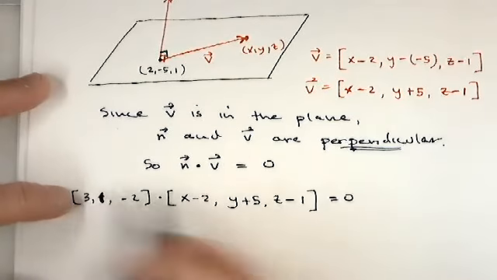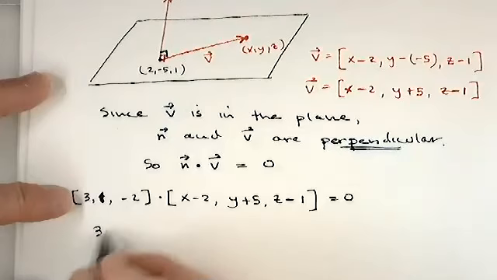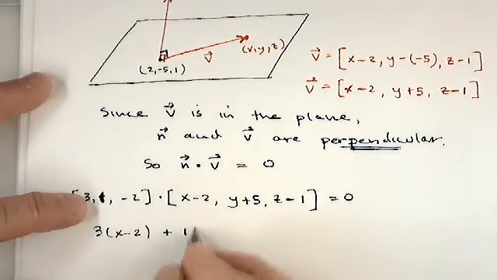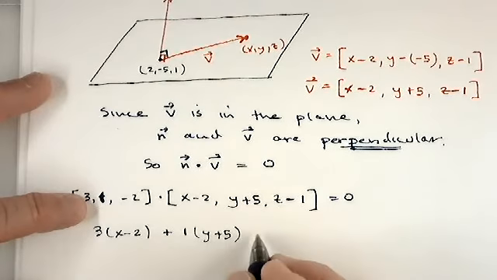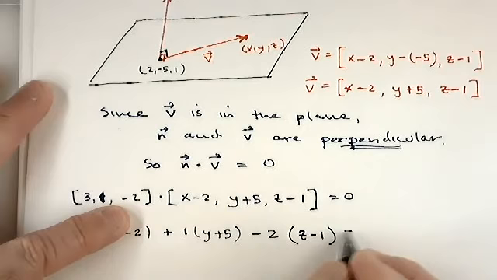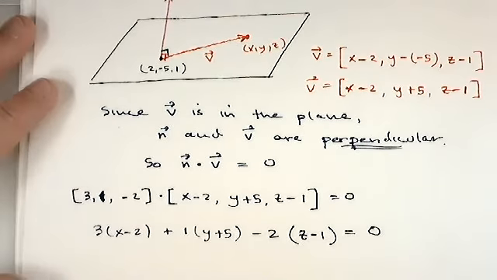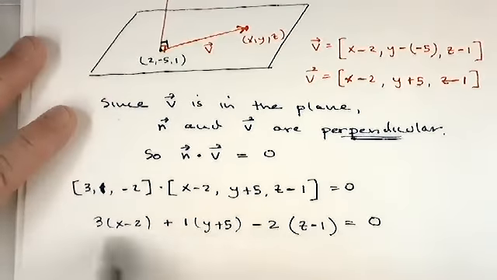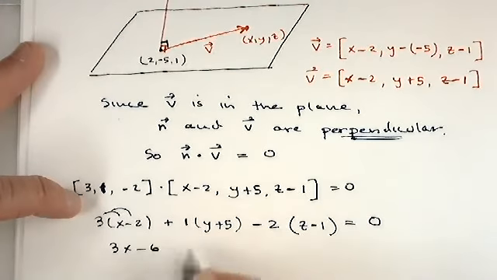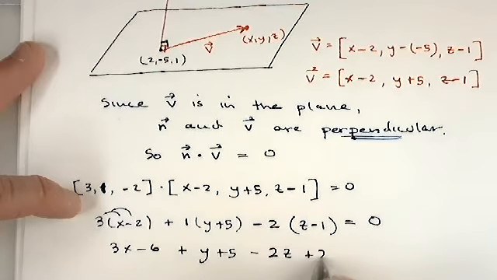And if I do my dot product, it's 3 times (x minus 2), plus 1 times (y plus 5), and then plus -2 times (z minus 1), so minus 2(z minus 1), must be equal to 0. And in fact, this is the equation of our plane. The equation of a plane usually will have x, y, and z in it. We could clean this up: distribute to get 3x minus 6 plus y plus 5 minus 2z plus 2.